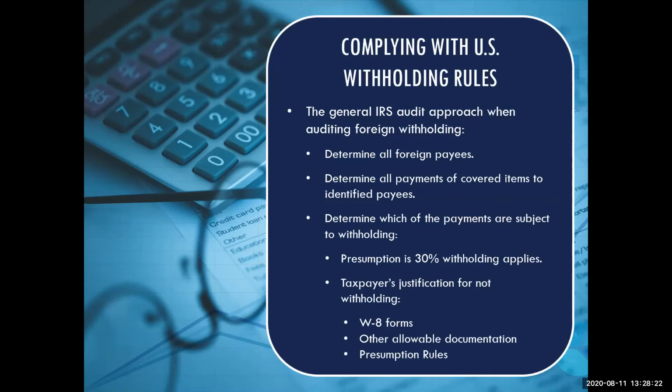Make sure that for each vendor, if you would typically get a W-9, you have the W-8 or other allowable documentation. One of the items we talked about earlier was payments for services. If you're making a payment for services, then have an invoice or a contract that states they have not performed the service in the US.